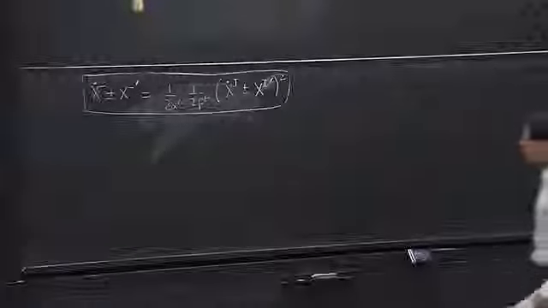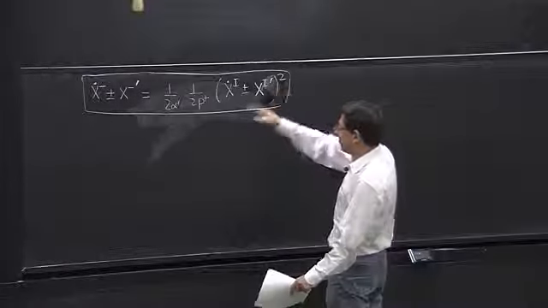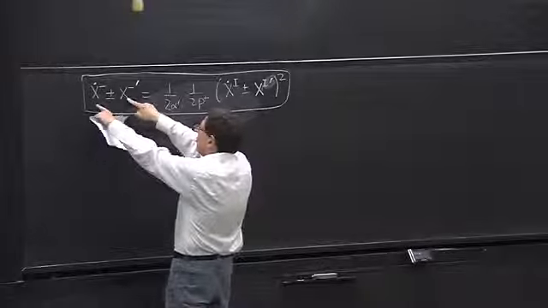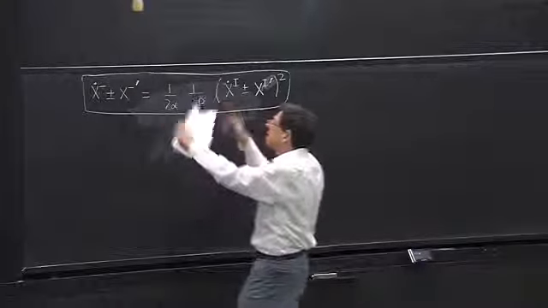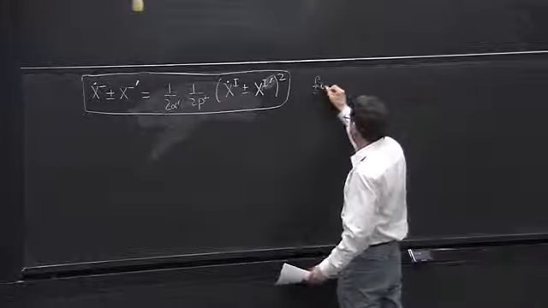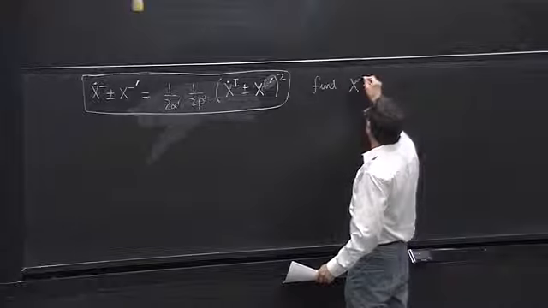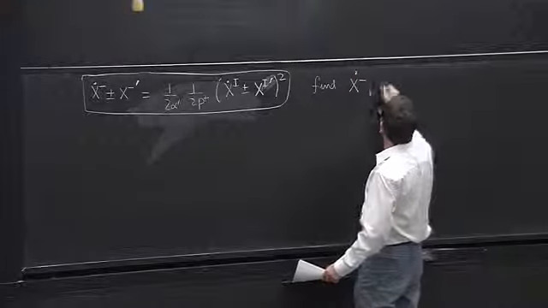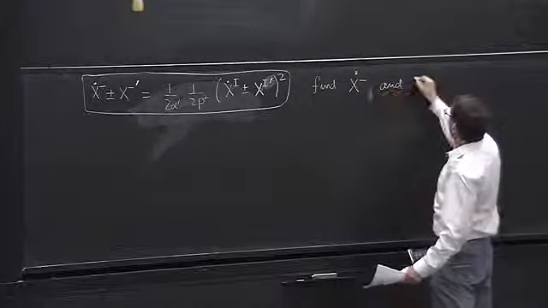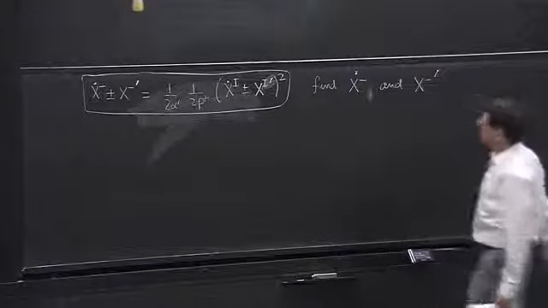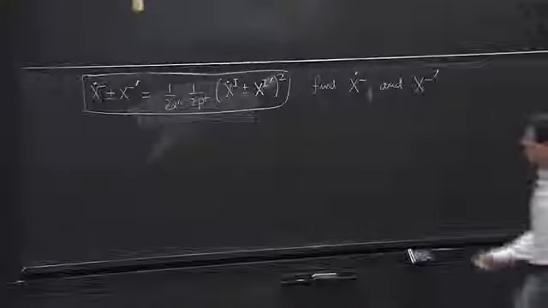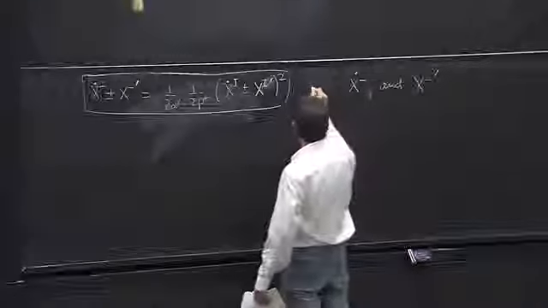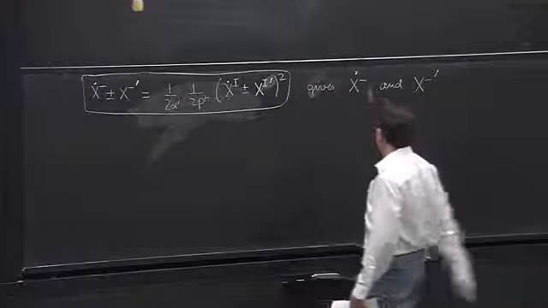So from here, you can take sums and subtract. You can write the first equation, the second, add them and subtract them, so find x minus dot and x minus prime. This equation gives them, and it's a simple calculation.